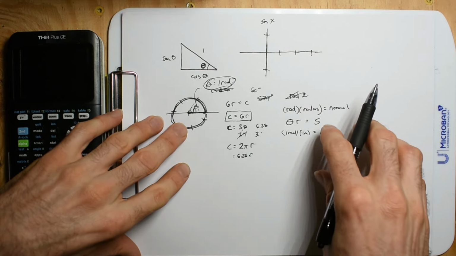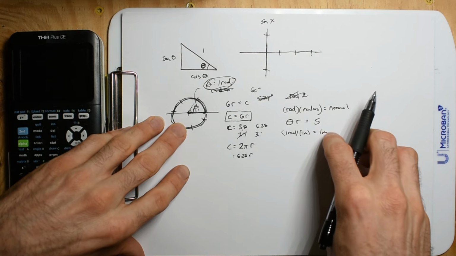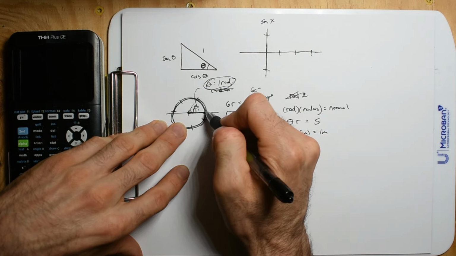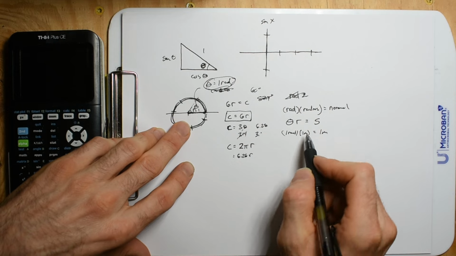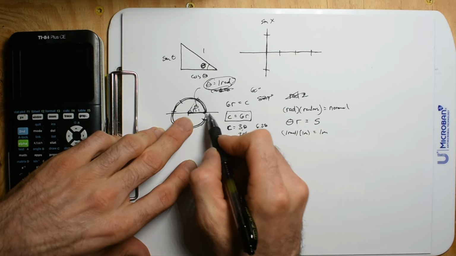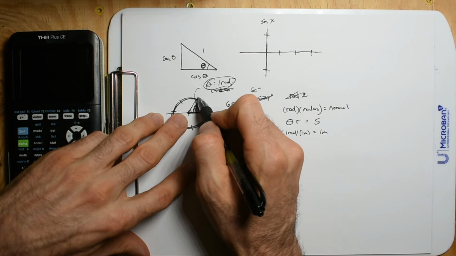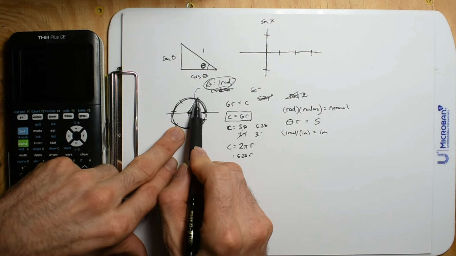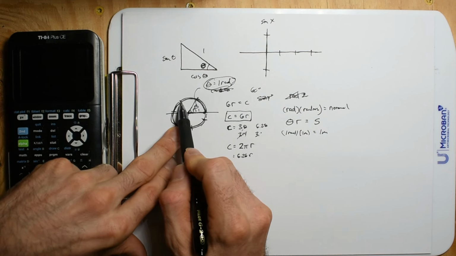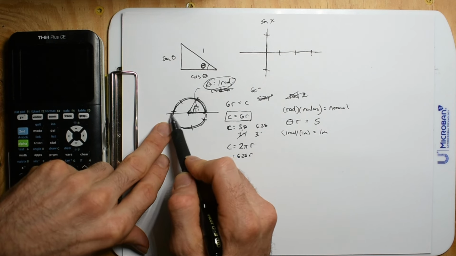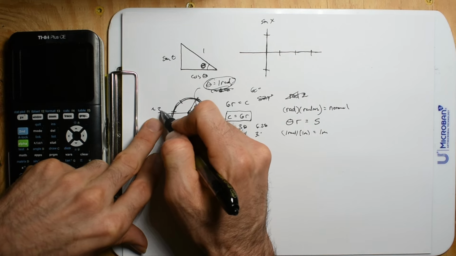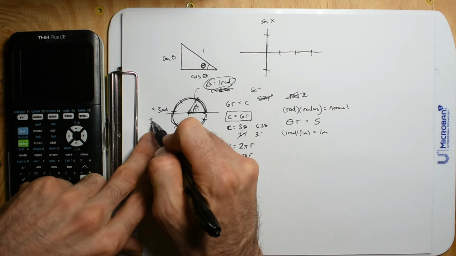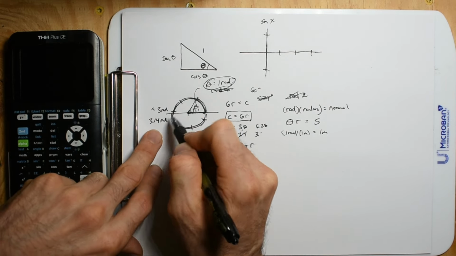All of this was just craziness to show that this is 1 radian to there. This is 2 radians. This is approximately 3 radians, but it's actually 3.14 radians.